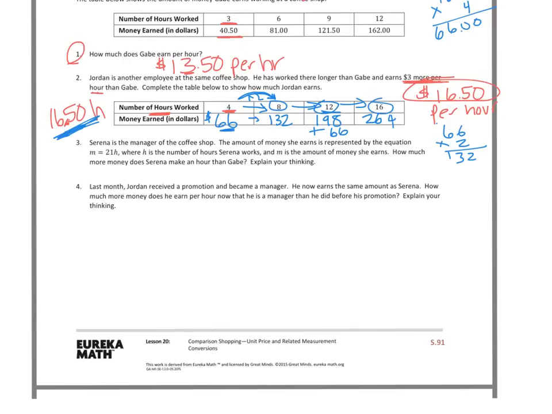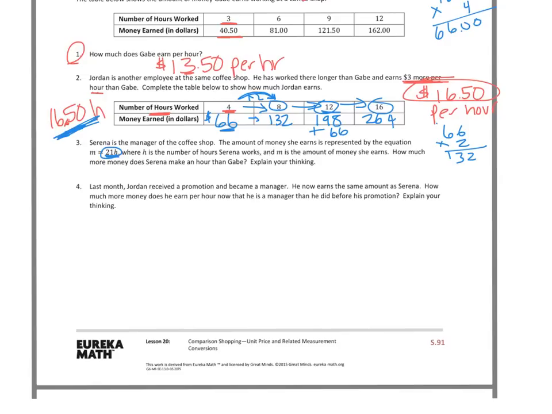3 says Serena is the manager of the coffee shop. The amount of money she earns is represented by the equation M equals 21H, where H is the number of hours Serena works and M is the amount of money she earns. How much more money does Serena make an hour than Gabe? Well, if I multiply 21 times the number of hours, it means for 1 hour she makes $21.